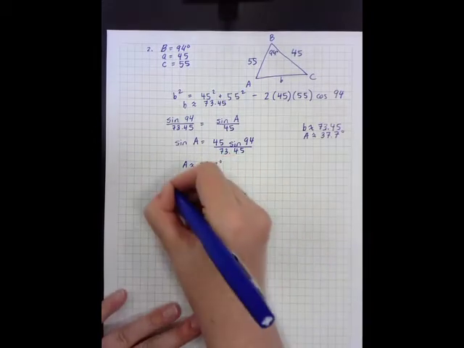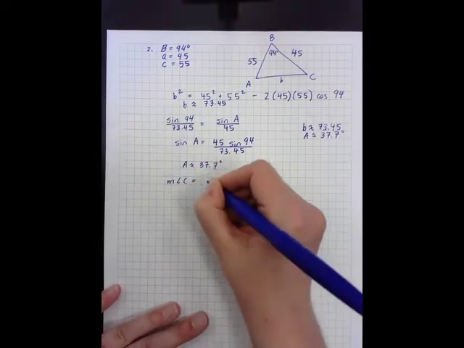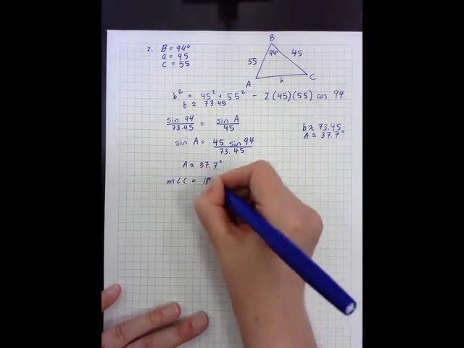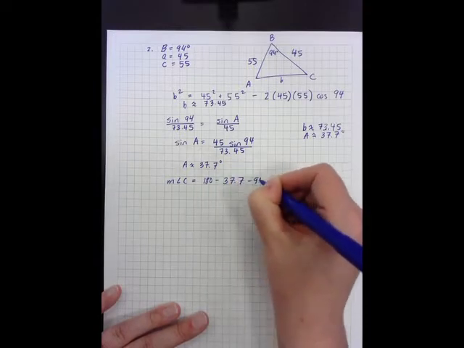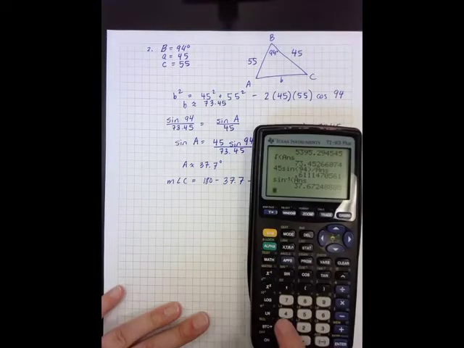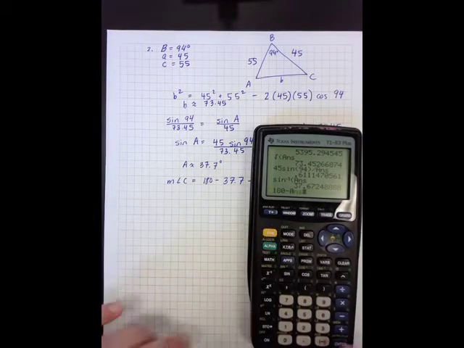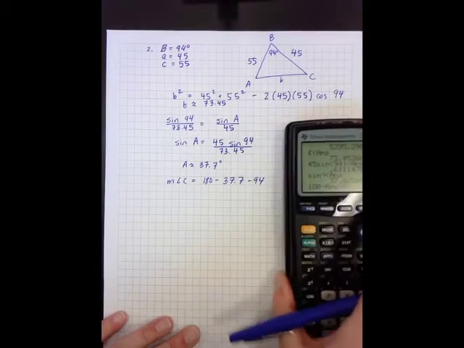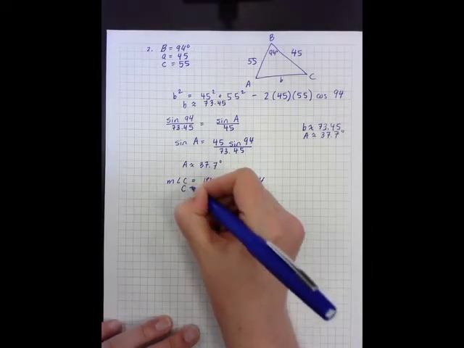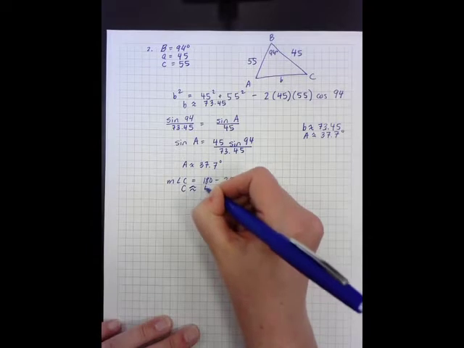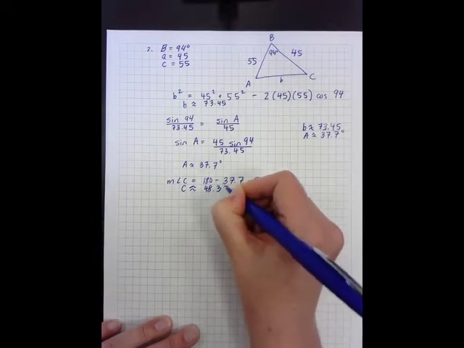And then, of course, to find angle C is going to be 180 minus 37.7 minus 94. Because I haven't changed anything on my calculator, I can use that second answer button and minus 94. So that angle C is approximately 48.33.